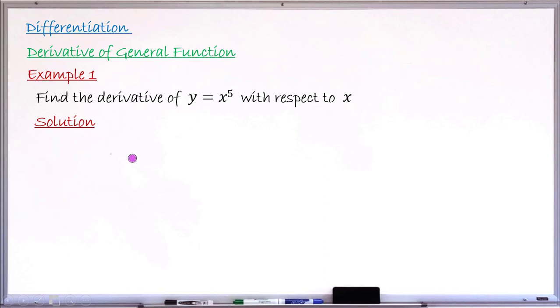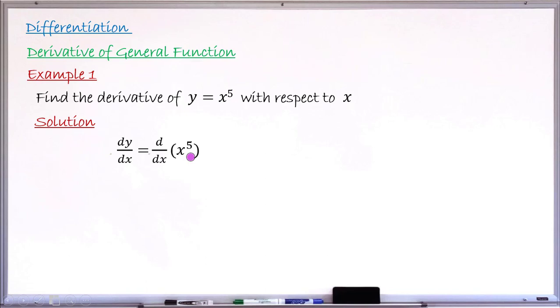So we now have dy by dx, that is the derivative of the function y with respect to x. This will be nothing but d by dx of x raised to the power of 5. I have replaced this y by x to the power of 5 because the function y equals x raised to the power of 5.